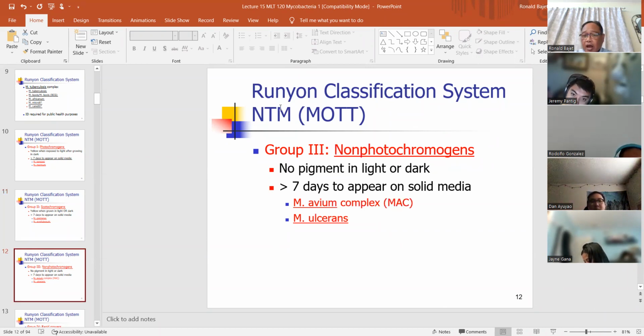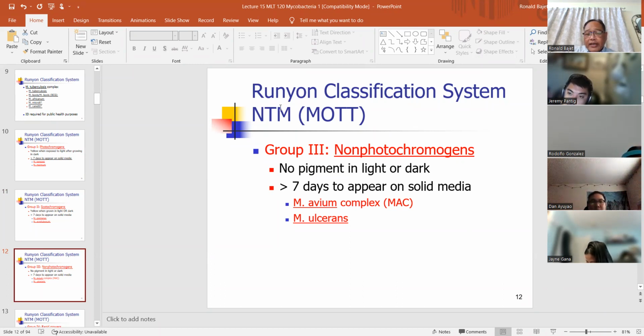The third is the non-photochromogens. Regardless of light or dark, there's no pigment at all. In the dark, not yellow; open the door, it's still not yellow.